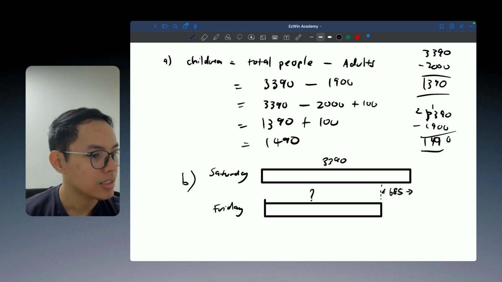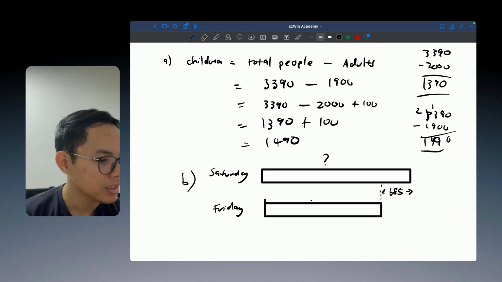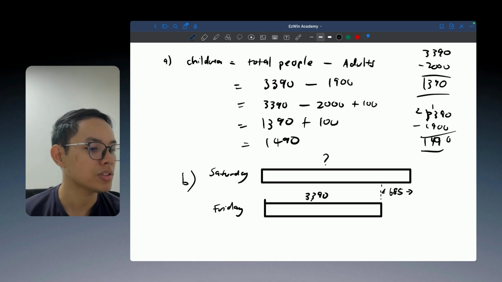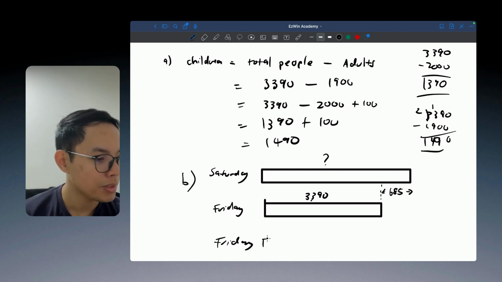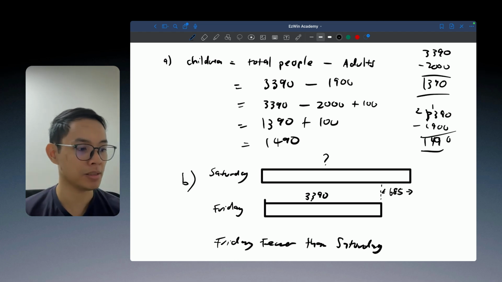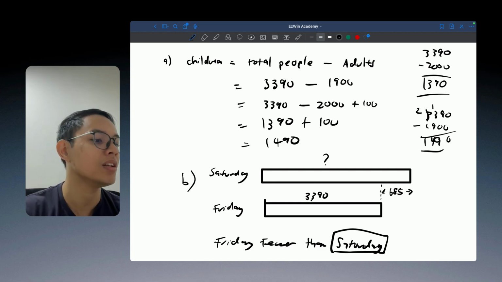The number here is not known, so we are wondering what is Saturday, and we know that Friday is 3,390. So if I say Friday is fewer than Saturday, which one has the bigger number? Saturday, right? So when you draw the block, you should have Saturday longer than Friday.